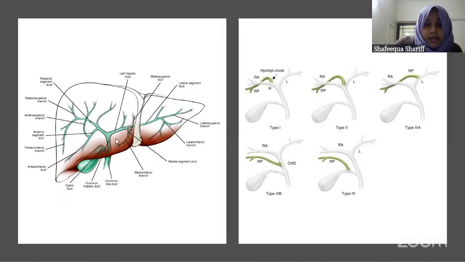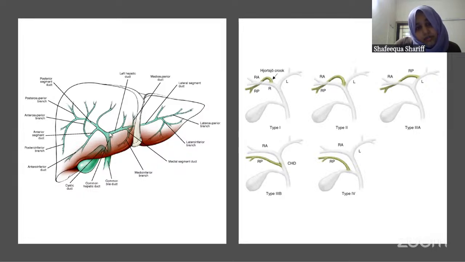The main thing we have to notice is that the left hepatic duct has a completely transverse course. It goes behind the 4th segment. Whereas the right has a bit of a curved course, especially in the posterior segment. When the anterior and the posterior segments join together here, this forms a relatively shorter right hepatic duct, whereas the left hepatic duct is relatively long.